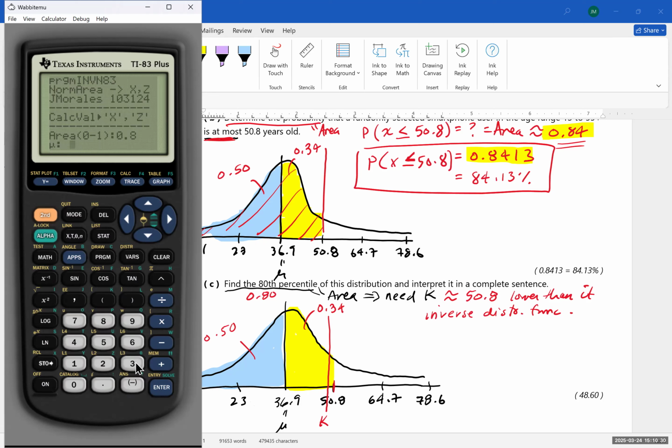We have a mean of 36.9, standard deviation of 13.9, if I remember correctly, and we want the area to the left.